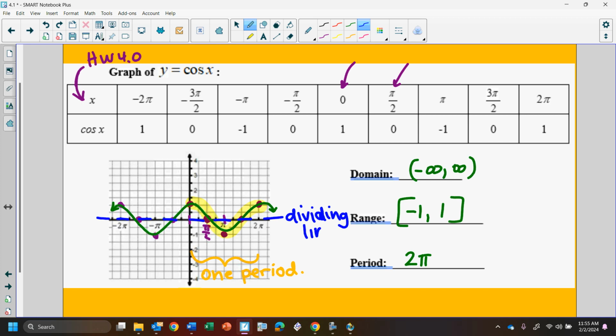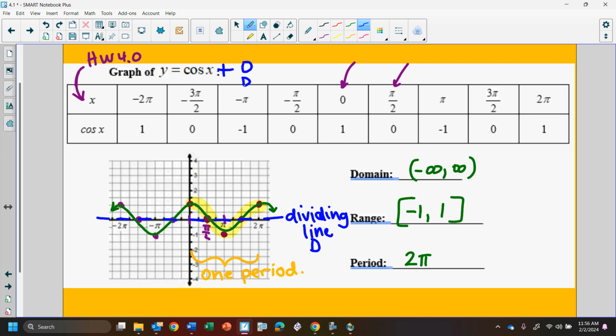Why was it at 0 for the cosine parent function as well? It's going to be that D value again, guys. Think about where D is in the equation. Adding or subtracting at the end. Do we have anything adding or subtracting here at the end? Just a 0. That's why it's on 0. Does that make sense?